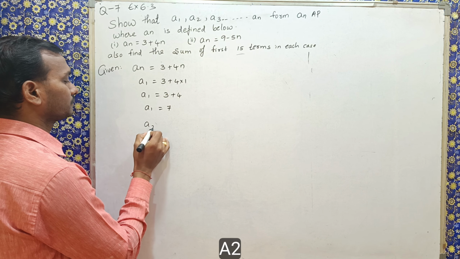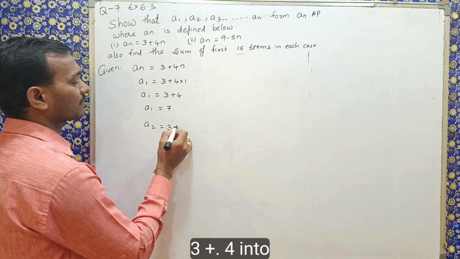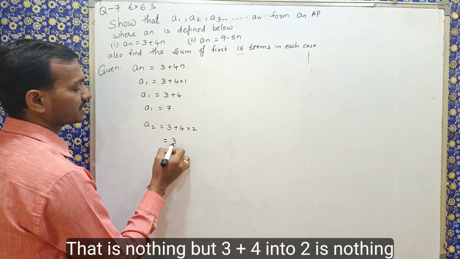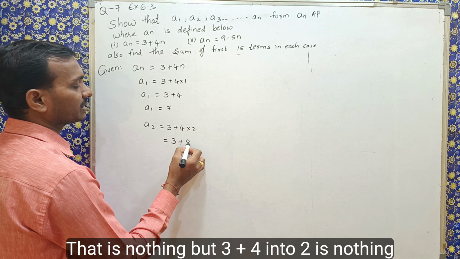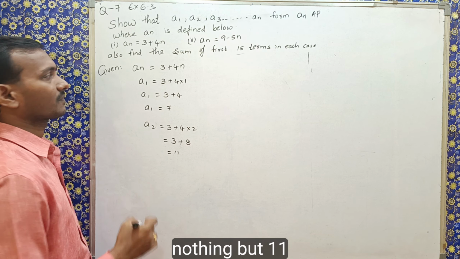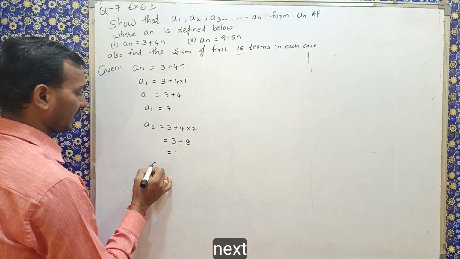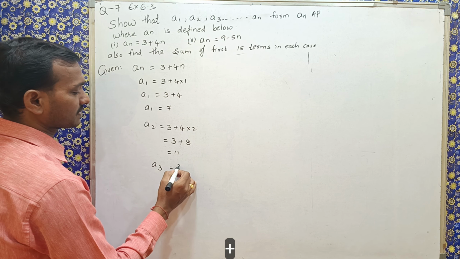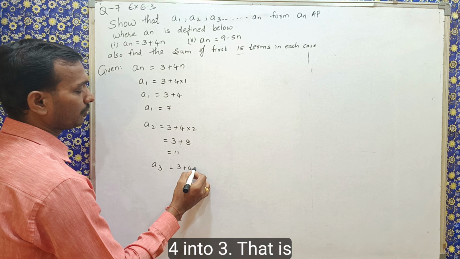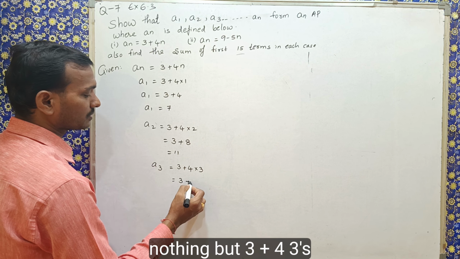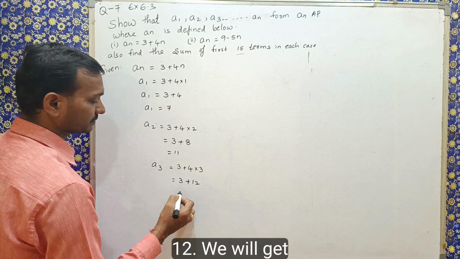a2 is 3 plus 4 into 2, that is nothing but 3 plus 8, that is 11. Next a3 is nothing but 3 plus 4 into 3, that is 3 plus 12.